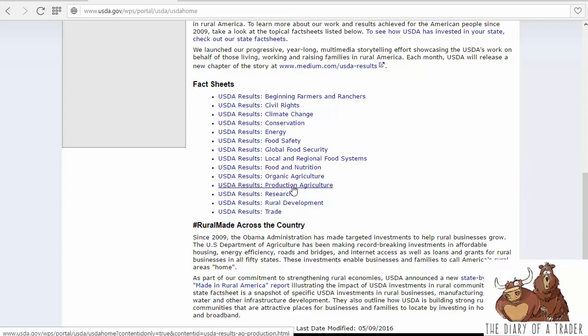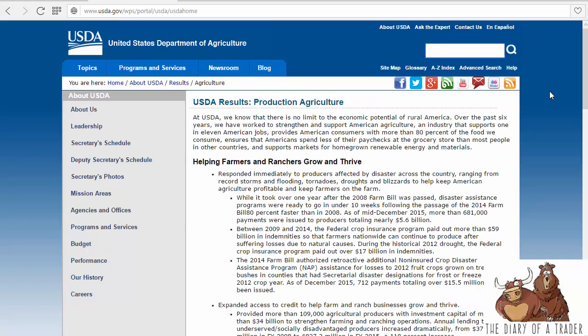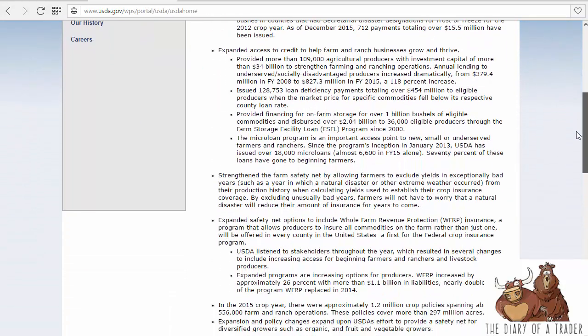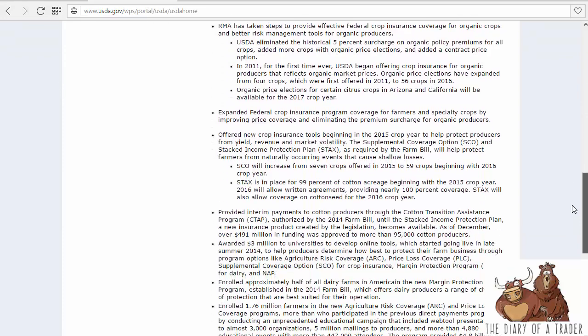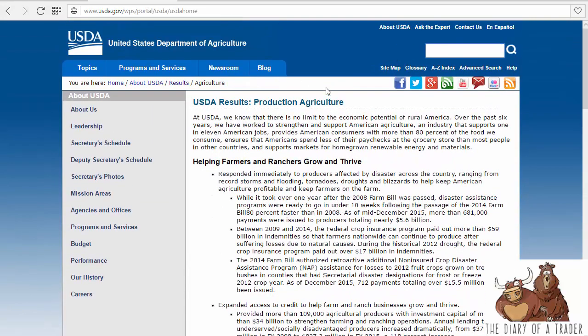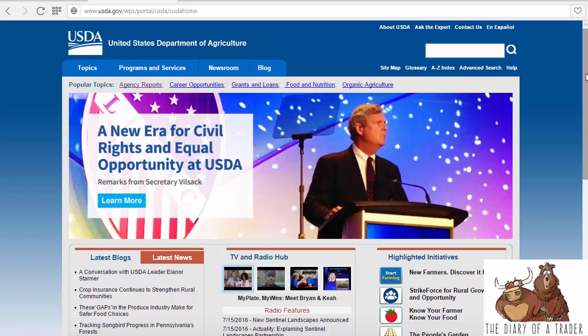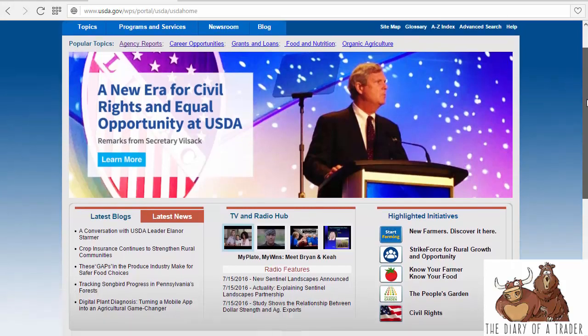Production agriculture, you can see what the production has been, what the USDA is doing to help expand that, and get results sooner or later. You get the ability to get an idea of where price should go.